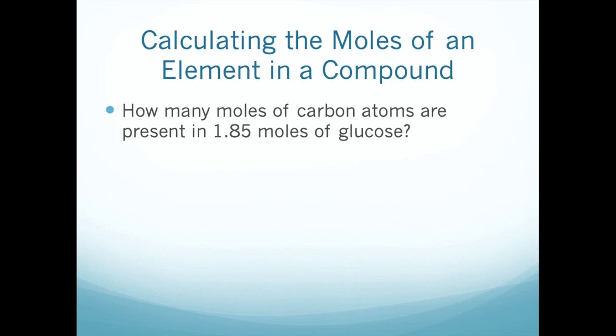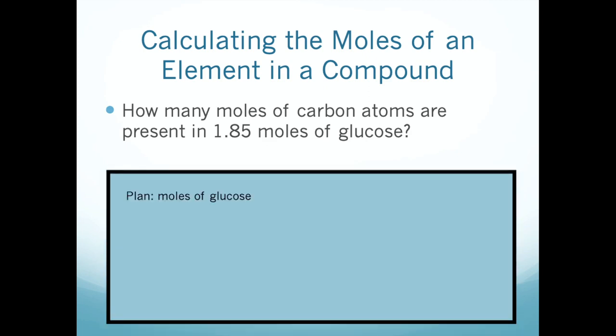Okay, so think about what's the relationship between carbon and glucose. Our formula of glucose, of course, was C6H12O6. Okay, so we want to look at that subscript of carbon specifically in that formula of glucose. So the formula is C6H12O6. That tells us there are 6 carbon atoms in every molecule of glucose.